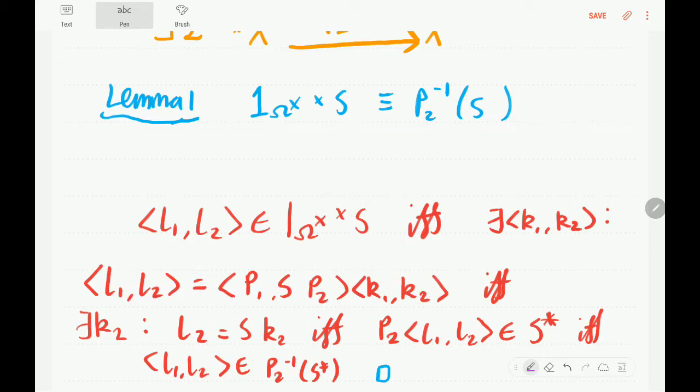So basically, this condition holds if and only if there exists a K2 such that L2 equals S after K2. And that clearly holds if and only if doing P2 after L1, L2 is going to be in S. And one of our previous results about inverse images then tells us immediately that this happens if and only if L1, L2 is in the pullback of S along P2.